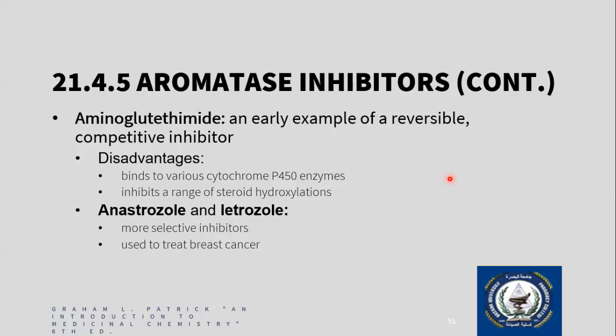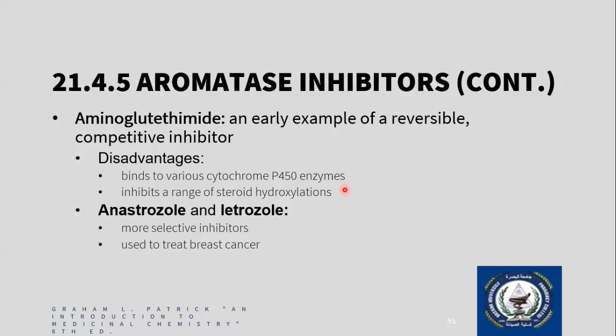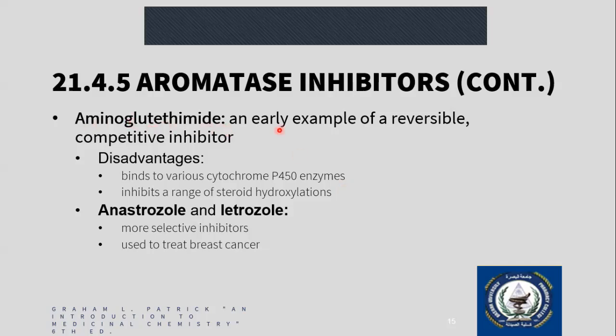It's a complex enzyme. So the aminoglutethimide binds to various cytochrome P450 enzymes. That's why it inhibits a range of steroid hydroxylations. So it has a lot of side effects. But newer agents based on the aminoglutethimide as a lead compound have been designed.